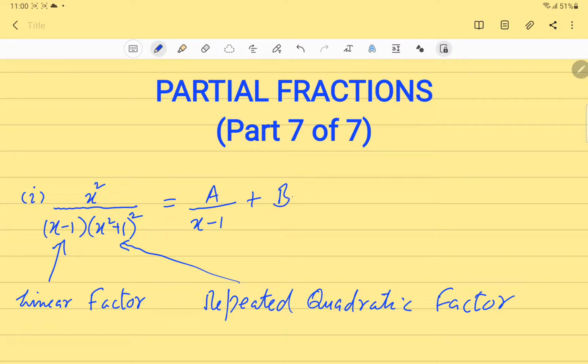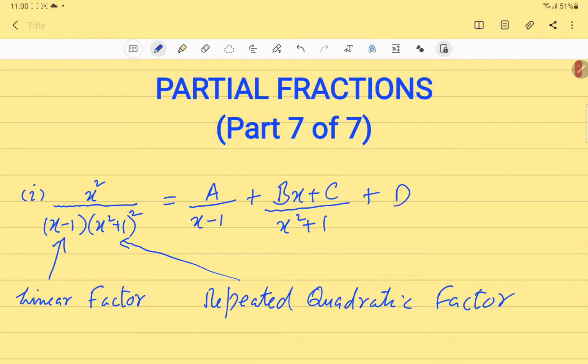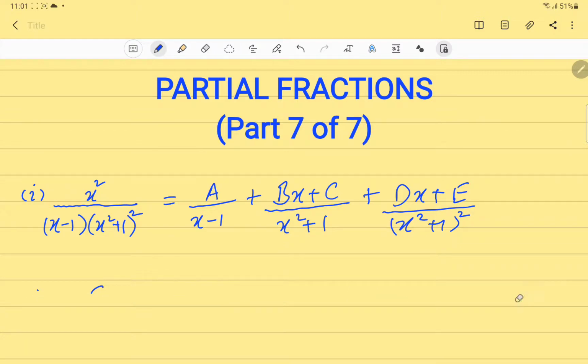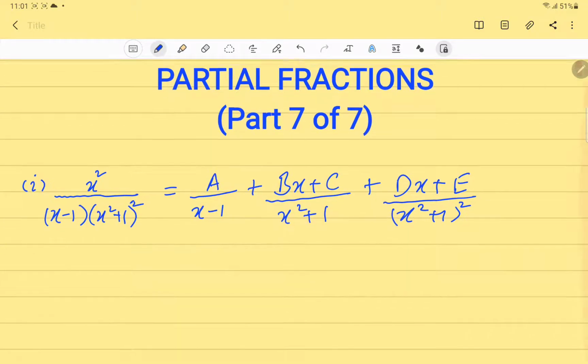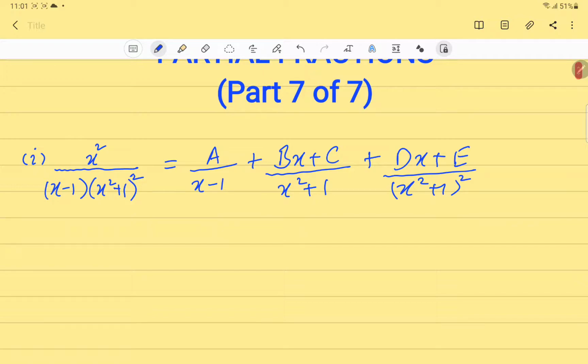The first one will have 2 constants, one of them with x, and in the denominator we will write it for the first time without any power and for the second time with the power. So let's multiply both sides by x minus 1 into x squared plus 1 whole square.